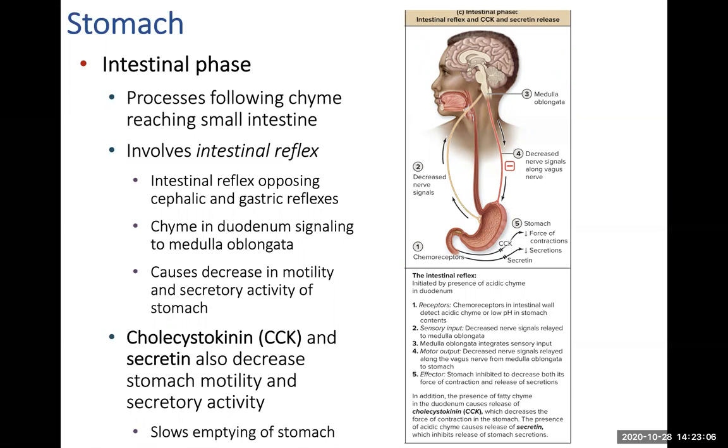And you don't want a bunch of activity in the stomach still taking place, because that would increase the likelihood that chyme would inadvertently move into the duodenum when the duodenum is not prepared to receive it, right? So think of CCK and secretin as pro-duodenum hormones that help to quiet down or calm the activities that take place in the stomach.